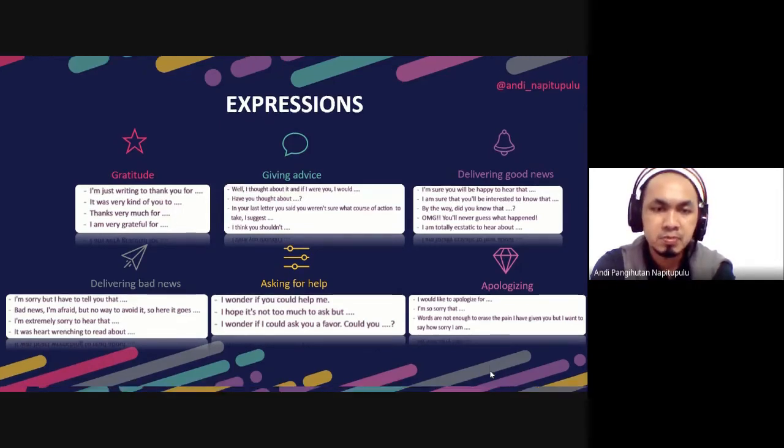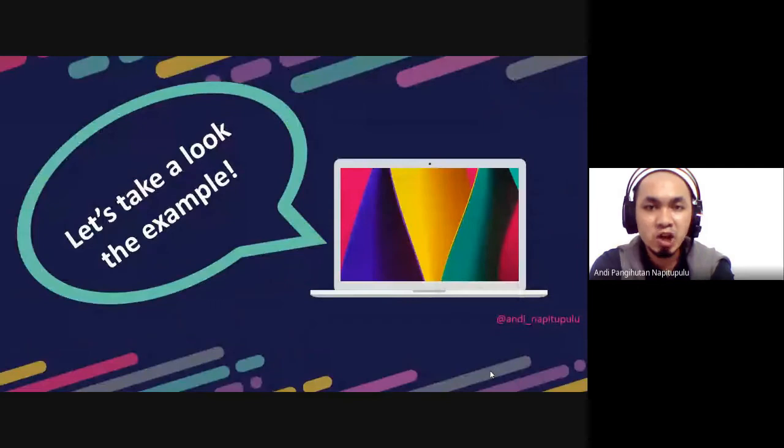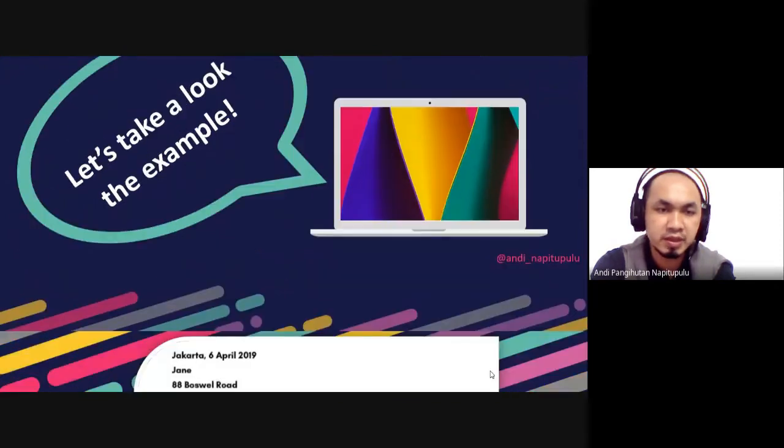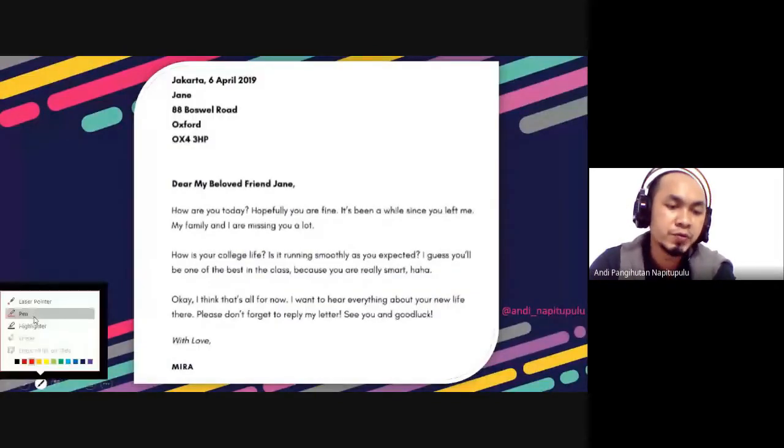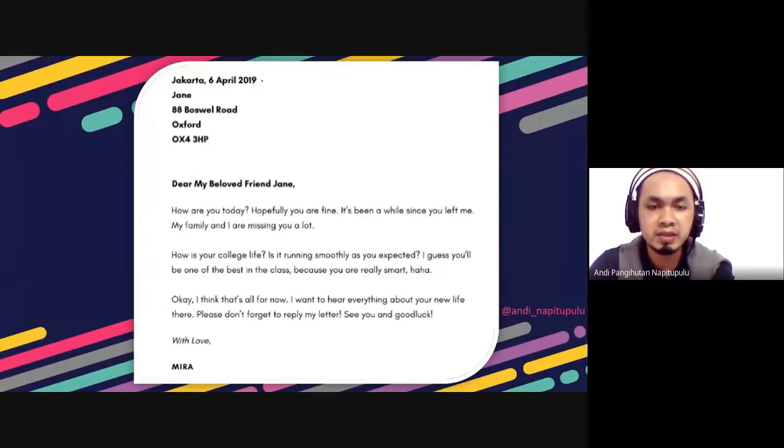Next, let's take a look at an example of how a personal letter is written, what I have told you previously, guys. This is the date, right? This is the name of the... we can say this is the inside address. The inside address is for the person to whom you want to write the letter.